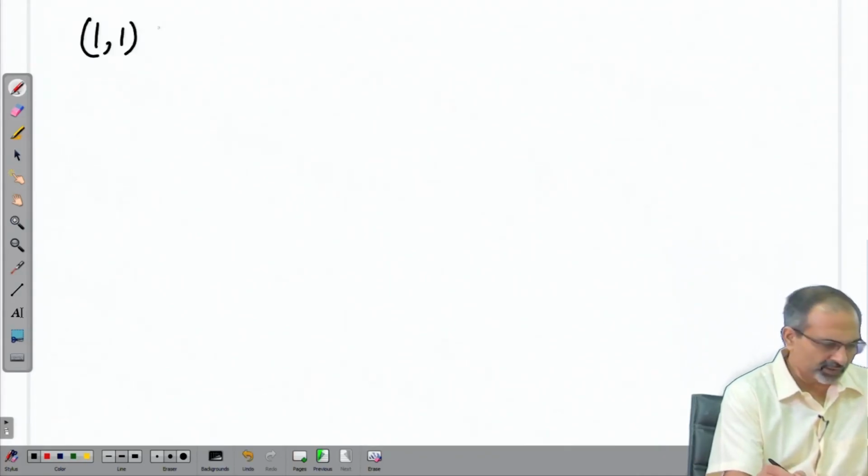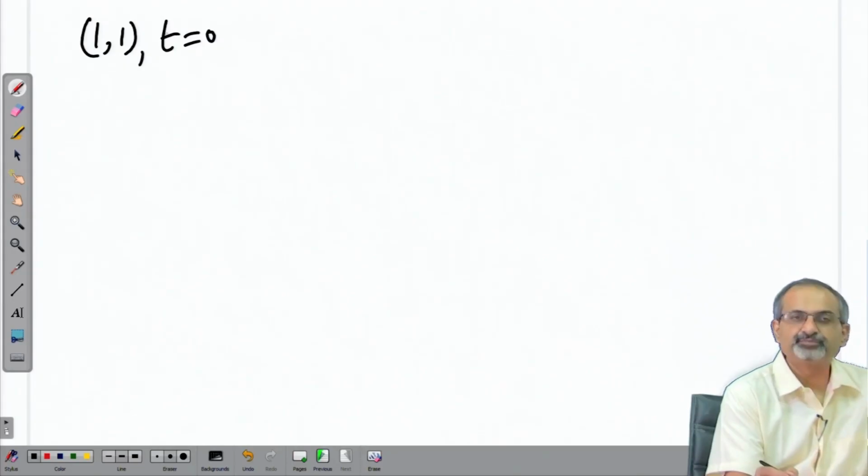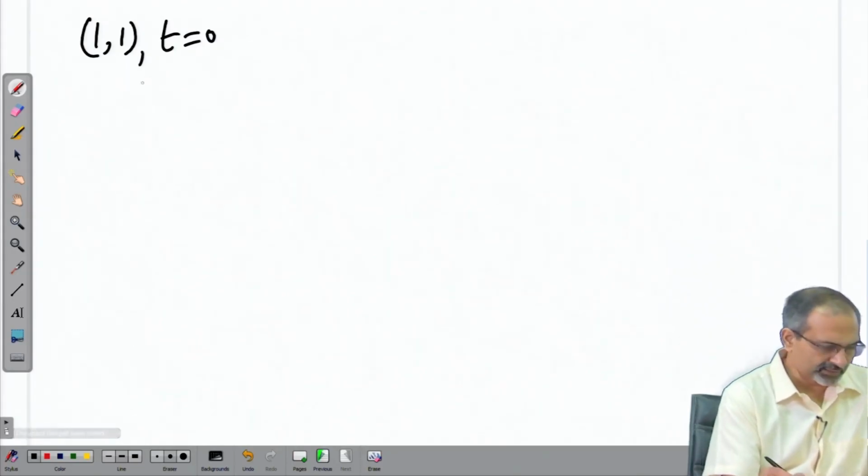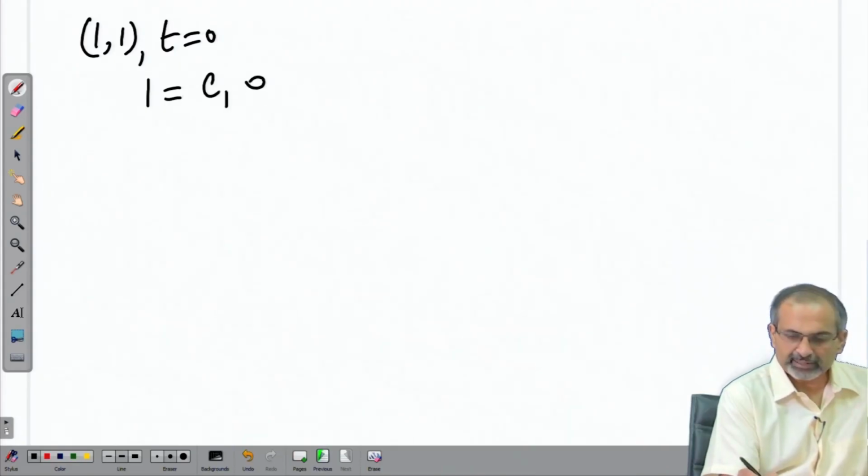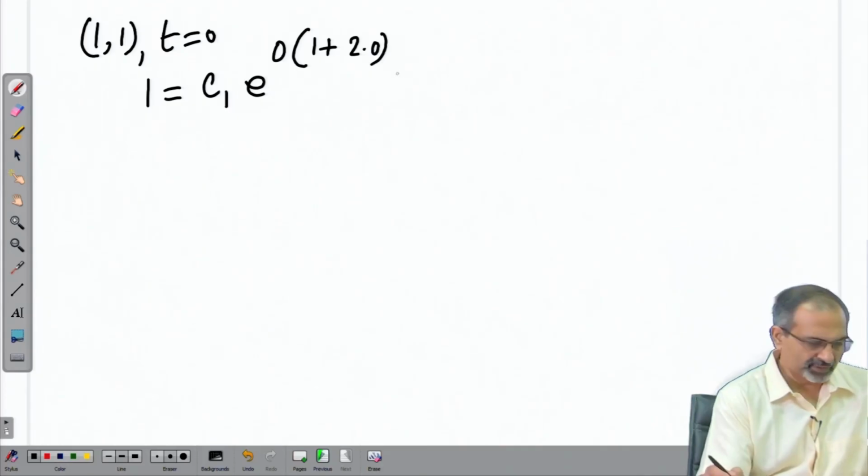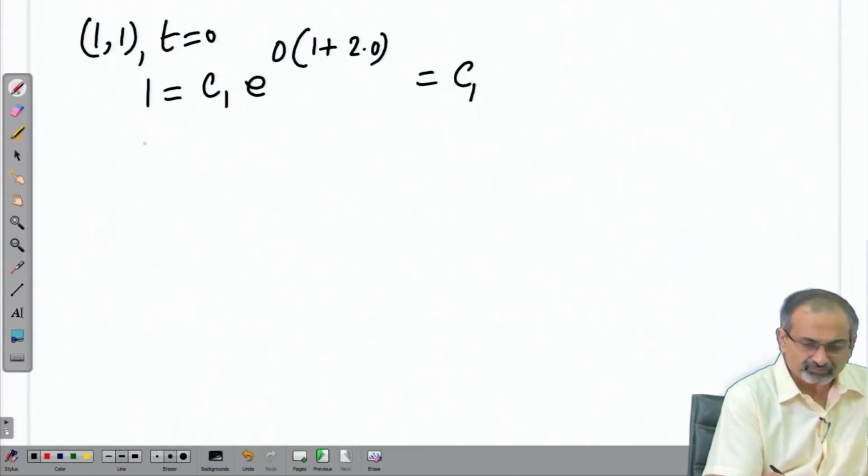So, the particle should have passed the point (1, 1) at t equal to 0. If you substitute that condition, you get 1 is equal to C1 e to the power of 0 times (1 plus 2 into 0), which gives you C1 equal to 1.